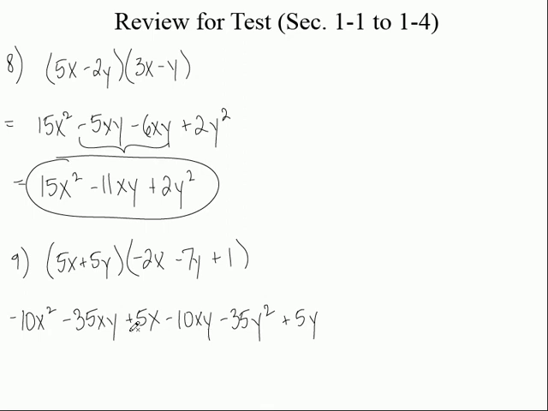Yeah, the xy's, so I can add those. What about x squared? Is there any other x squareds? Nope, so I just write negative 10x squared. Let's go ahead and add the xy's. It's negative 35xy minus 10. So negative 35 minus 10 is negative 45. And then what's my term? It's just xy. All right, you don't add the exponents, do you? You just add the terms together, and it stays xy.